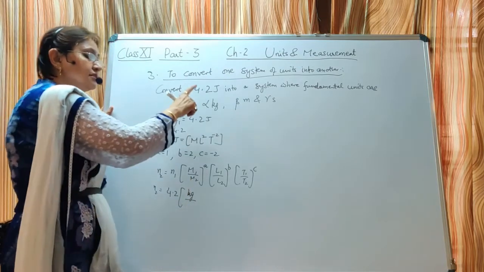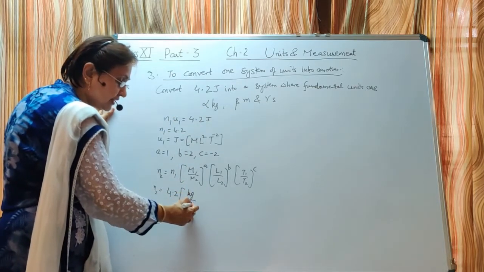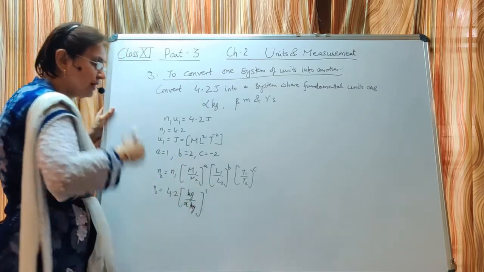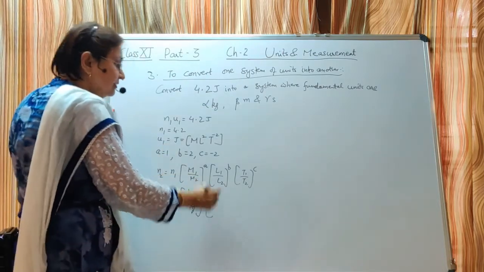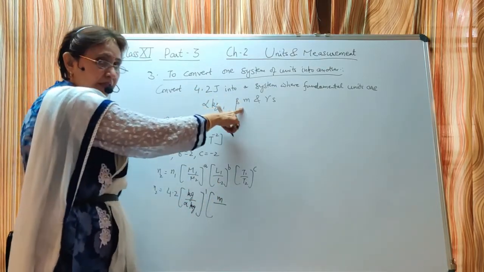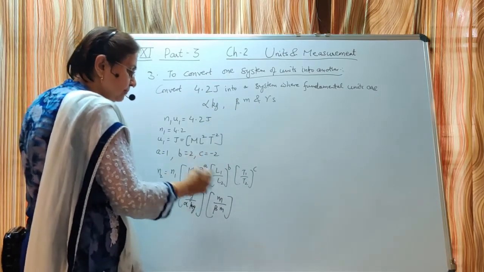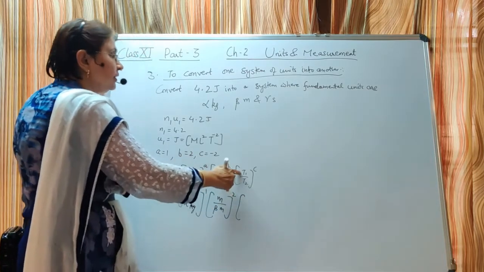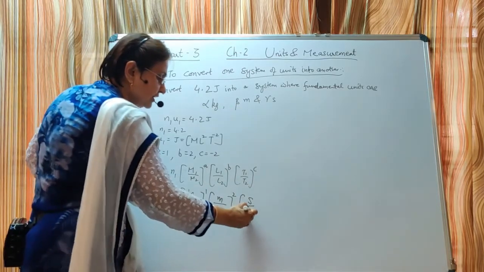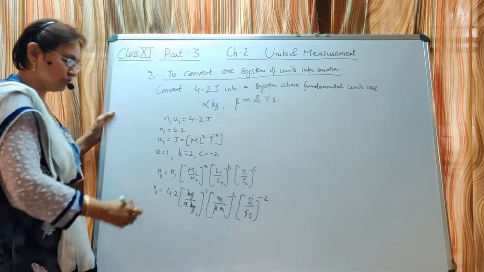M2 is the mass in the new system, given in alpha kgs, raised to the power a, which is 1. L1 is the length in SI system, which is meter. L2 is the length in the new system, beta meter, raised to the power b, which is 2. T1 is the time in the SI system, seconds, and T2 in the new system is gamma seconds, raised to the power c, which is -2.